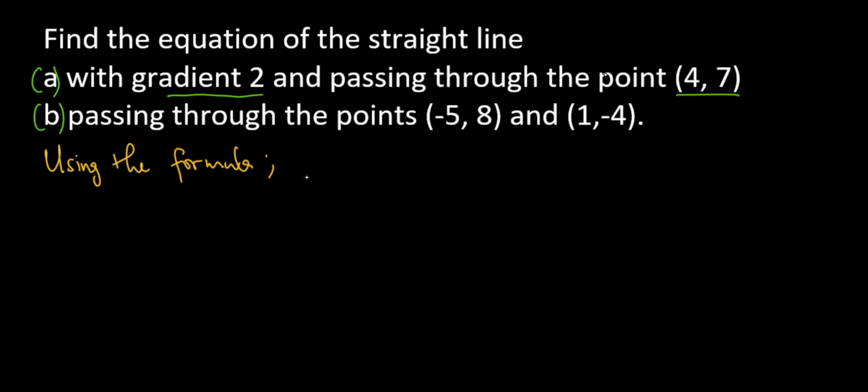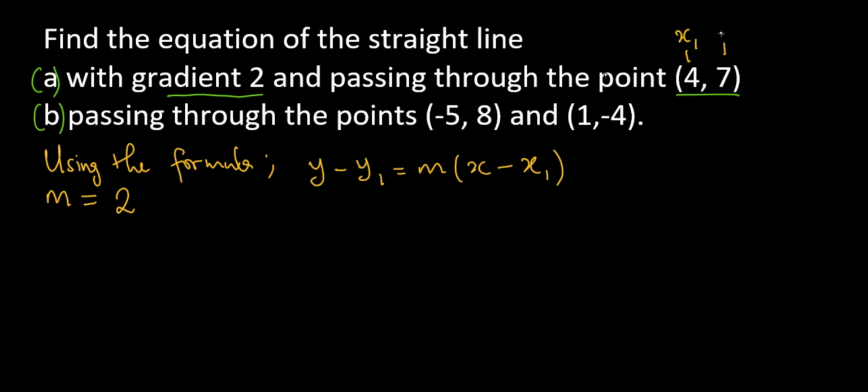For the first one, we are given the formula y minus y1 is equal to m into bracket x minus x1. Remember I told you that we will be using this formula to get the equation of a straight line. Our m here is the gradient, which is equal to 2, and we have the 4 to be x1, and the 7 to be y1.